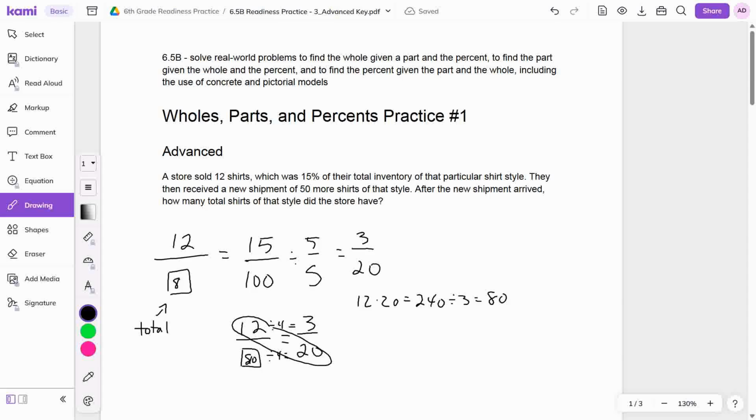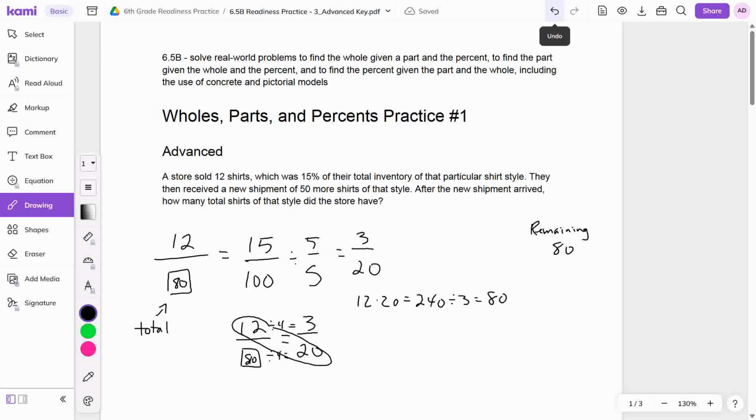All right, so 12 out of 80 shirts were sold. That's 15%. Then they received a new shipment of 50 more shirts of that style. Okay. And after the new shipment arrived, how many total shirts of that style did the store have? So if they sold 12 out of 80, I need to figure out first how many remaining shirts they have.